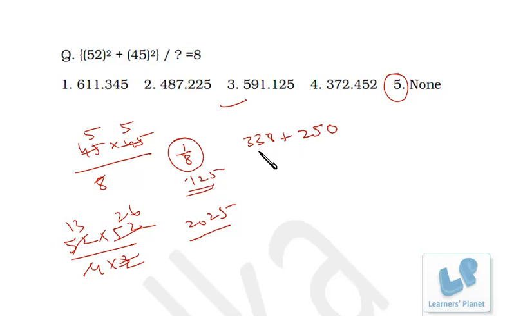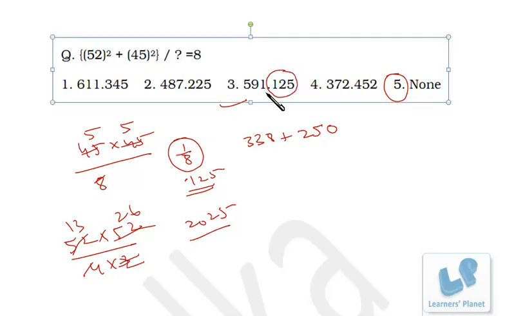So 250 plus 338, we get around 590. So this will definitely be the correct choice, because this portion is 100% correct, and the approximated calculation is 585, 590. If we do the complete calculation, we will definitely get this answer. Okay, I hope you are clear.